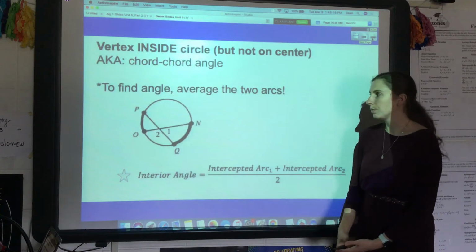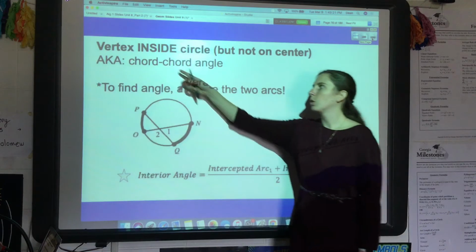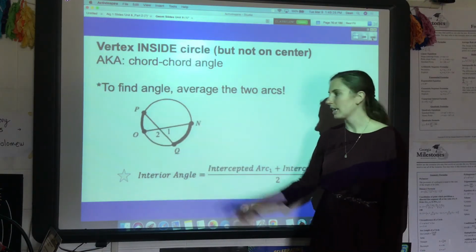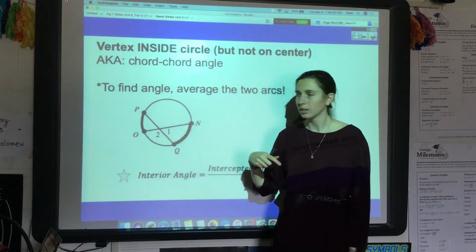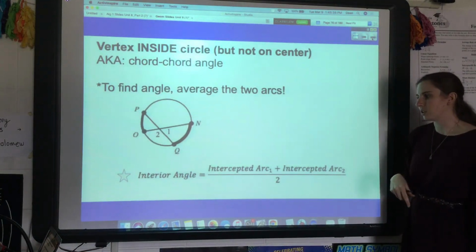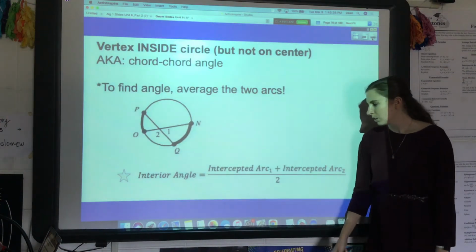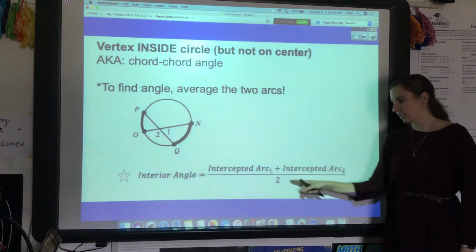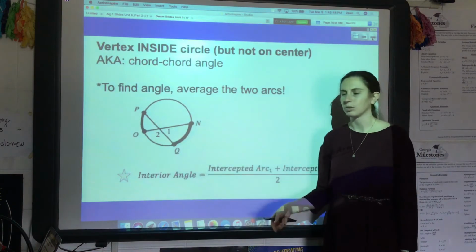All you really do to find an interior angle like this, sometimes called chord-chord angles because they're formed by two chords, is average the two arc measures, and that'll tell you what both of those angles are. The formula looks like this, but if that confuses you, just think that you average the two arcs together. So the first intercepted arc plus the second intercepted arc divided by 2. And that tells you what that interior angle should be, angle 1.